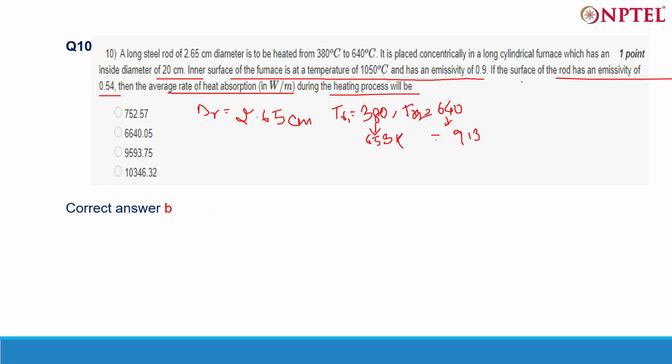Next thing is you need to know the inside dia, that is 20 centimeter, 0.2 meter is given. And this is, sorry, 0.2, not 0.02. This is 0.026. Ti is given 1050, converted to Kelvin, that is 1323.